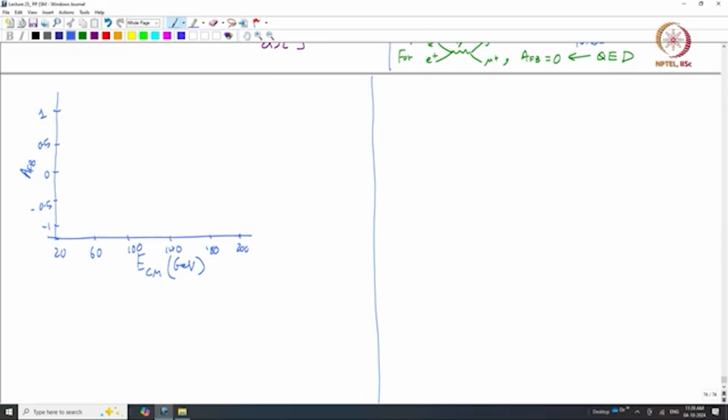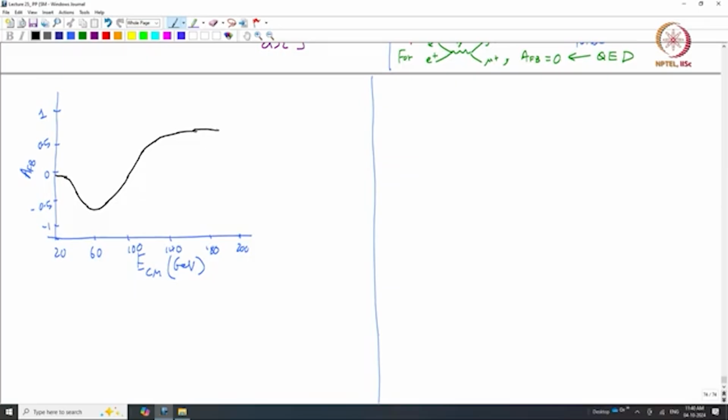After making a lot of measurements, this is what was seen. First let me draw the standard model prediction for this. It starts at around 0, then it gets to some negative value, it gets below -0.5 around 60 GeV, it turns around, and at around 100 GeV it crosses 0, and it keeps going, gets a little above 0.5 at around 140 GeV, and then sort of stays constant.